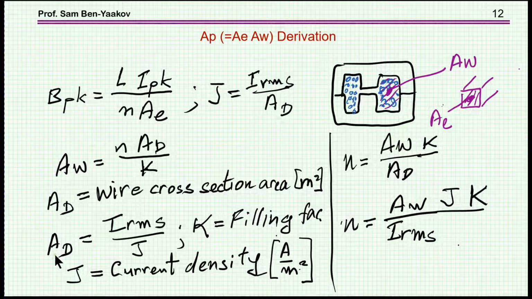And from this we can get that the cross-section area of a single wire is I RMS over J. And then the number of wires there will be in this window is this number here, and replacing the cross-section area of the wire with this expression, we get this expression for the number of turns that we can put into this window of a given core.